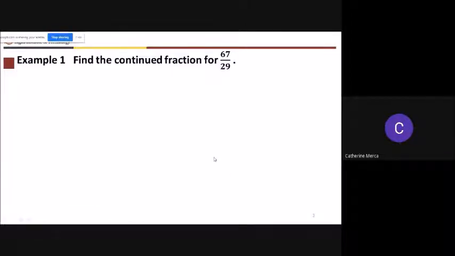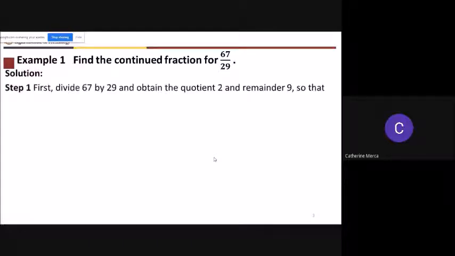The first step would be to divide 67 by 29, and then you obtain the quotient 2 and the remainder 9. So you write 67 over 29 as 2 plus 9 over 29.